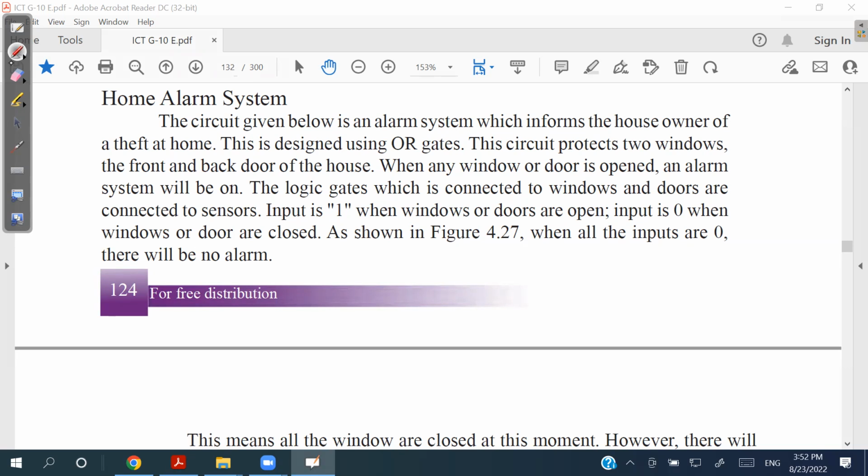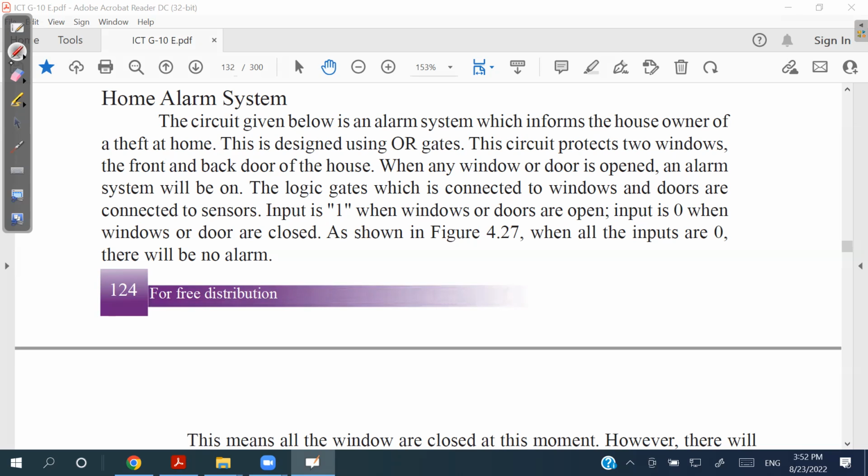All right. So this is talking about a practical situation. They are talking about a home alarm system. It says the circuit given below is an alarm system which informs the house owners of a theft at home. This is designed using OR gates. The circuit protects two windows, two front and back doors of the house.